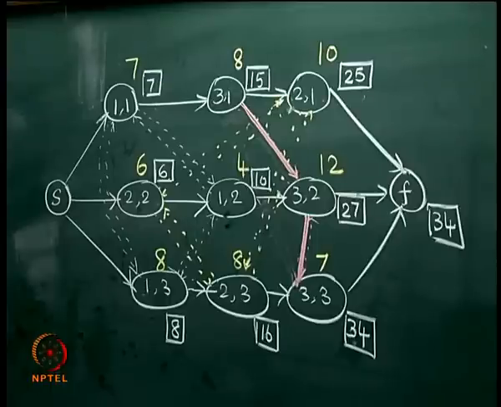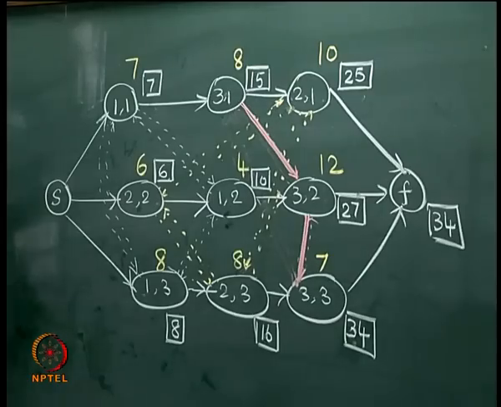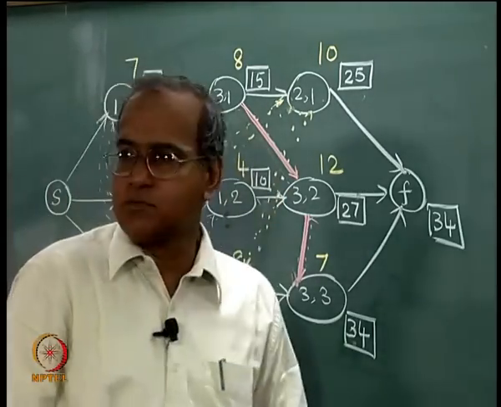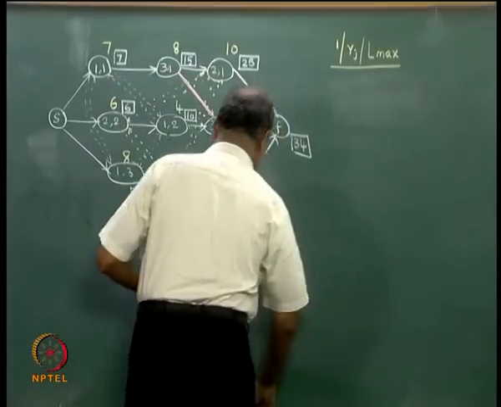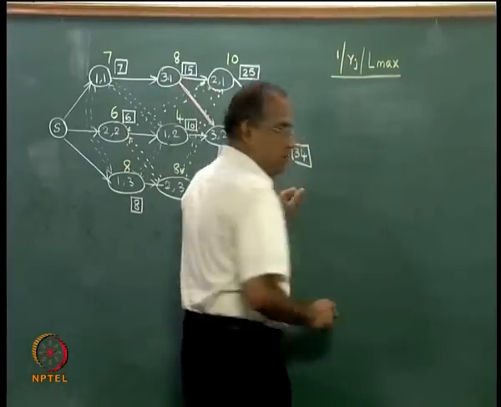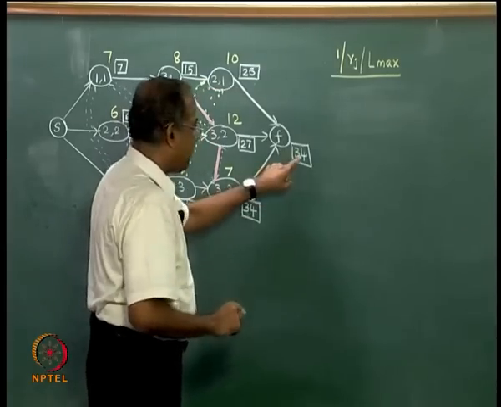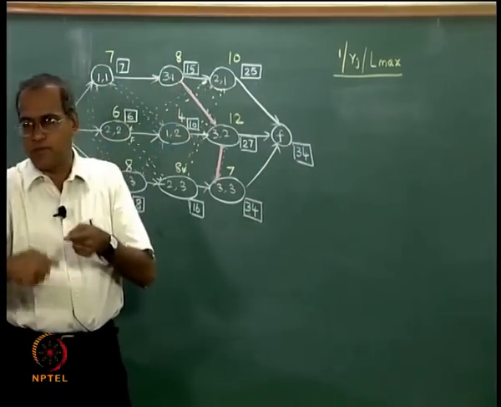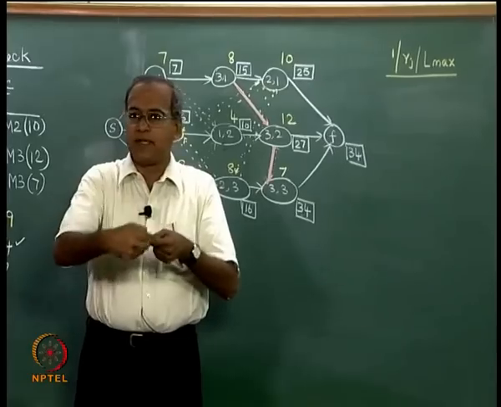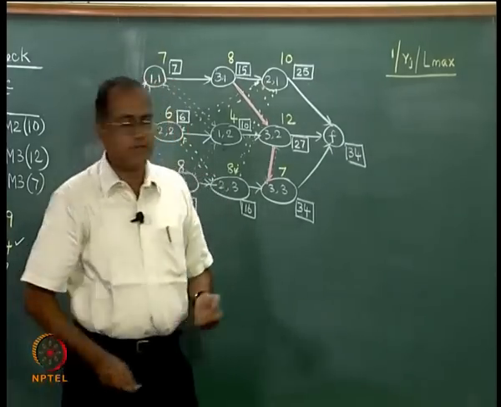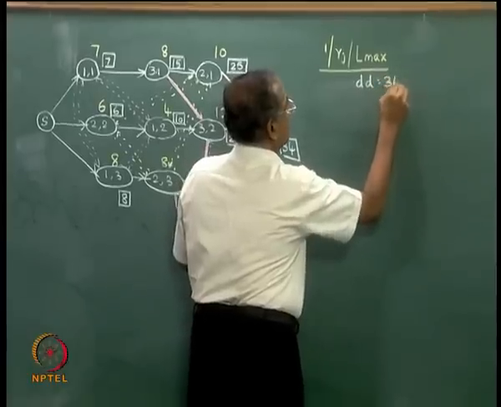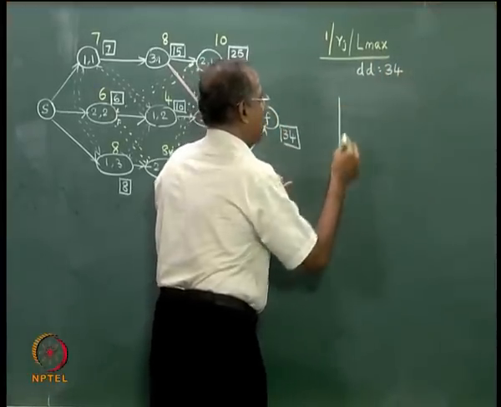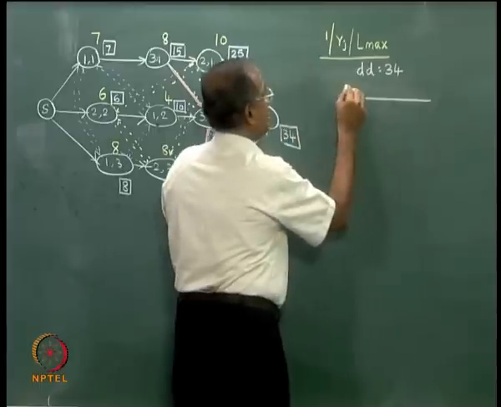Now we look at the next bottleneck, which is M2, and we try to solve the 1 | rj | Lmax problem on M2, with 34, which is the lower bound of the makespan, updated as the final due date. So with due date equal to 34, we solve 1 | rj | Lmax on M2.